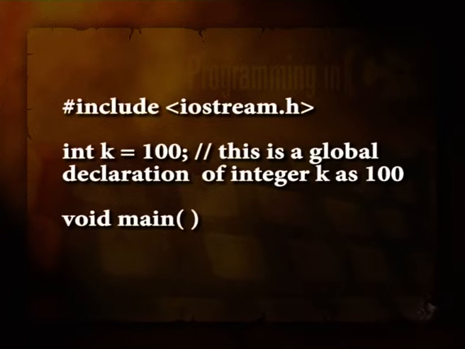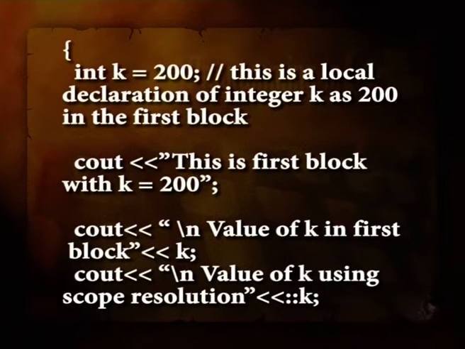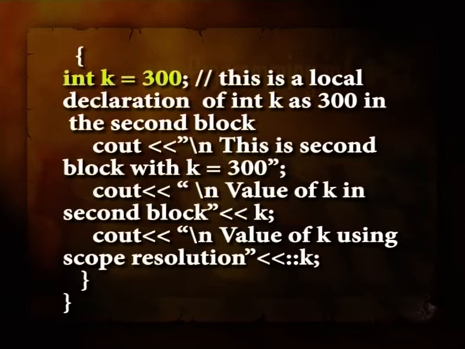This is a global declaration of integer k as 100. This is a local declaration of integer k as 200 in the first block. This is a local declaration of integer k as 300 in the second block.